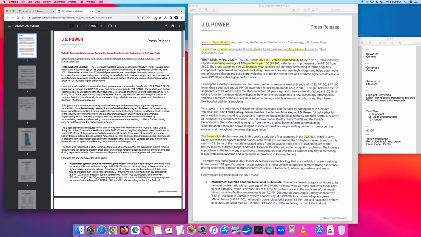Similarly, compress and connect. As you're highlighting and reading the document, you want to compress and connect. Your brain likes to connect things to larger structures, to past information that's already in the brain. The brain likes compressed information.